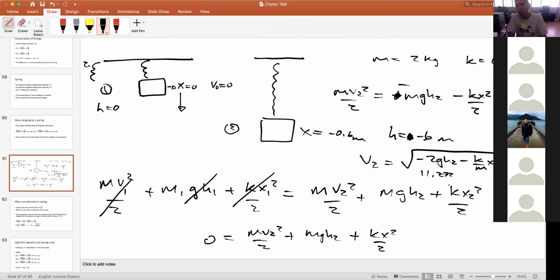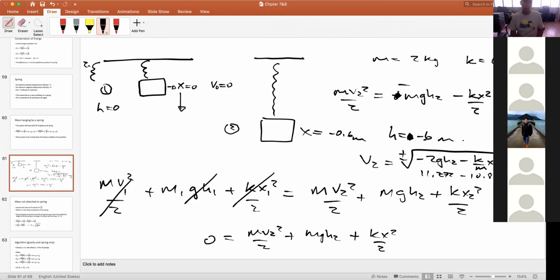And then k over m would be 60 divided by 2, which would be 30. 30 times 0.6 times 0.6 would be 10.8. And then I would get 0.472. So the square root of 0.472 is positive or negative 0.687 meters per second.